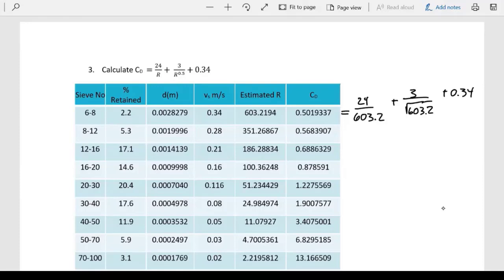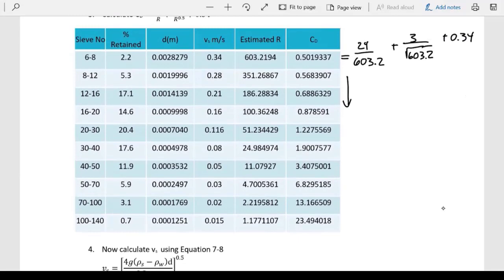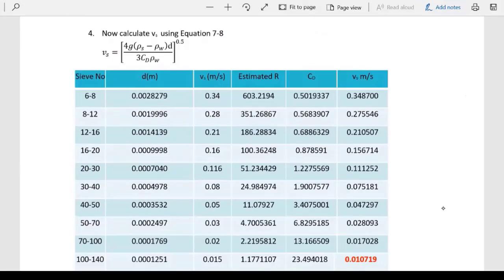And we continue to do all those calculations, and that gives us the coefficient of drag for each of those particle fractions. We can then use the more general form of Stokes' law to calculate our terminal settling velocity. And notice we're using the same formulas that we talked about in sedimentation.